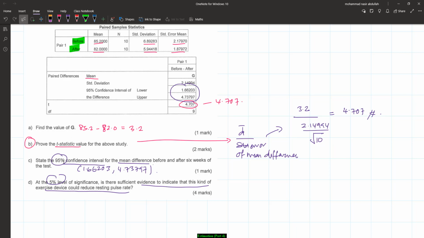as I said before, if the confidence interval includes 0, means that there is no difference, right? If the confidence interval does not include 0, means that there is a difference. So what kind of difference we have? So by looking at the mean of each result before and after, it reduces the resting pulse rate, kan?